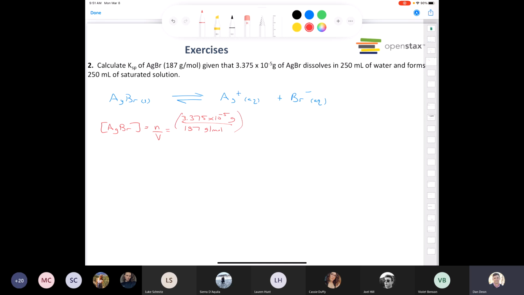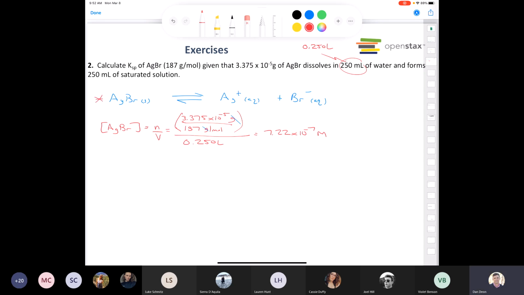That's going to be my numerator. You see that grams cancel, so I'm left over with moles. And then I divide that by the volume, which is 250 milliliters. I'm going to give it 3 sig figs just for the hell of it, which would be 0.250 liters. So 0.250 liters. And we end up with the concentration of our silver bromide as being 7.22 times 10 to the negative 7 molar.